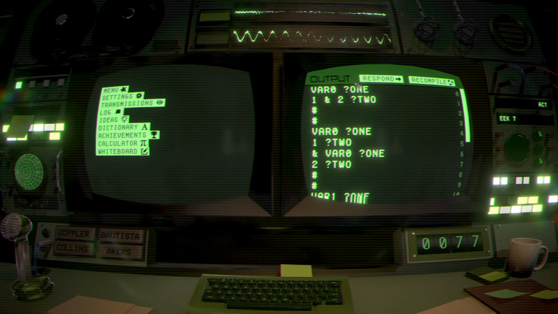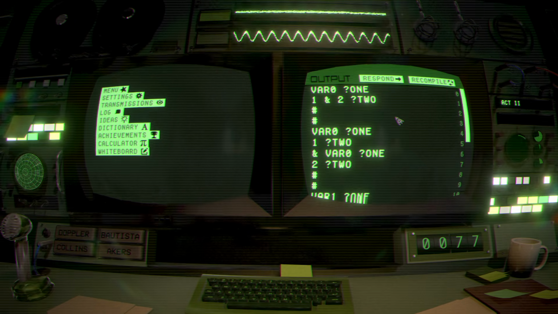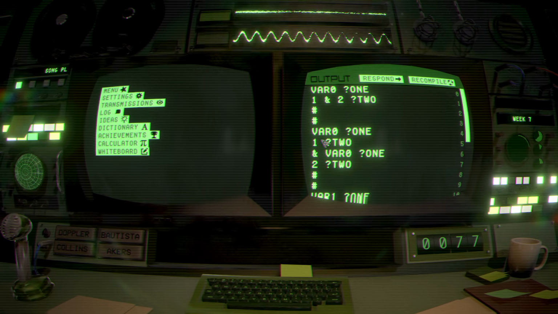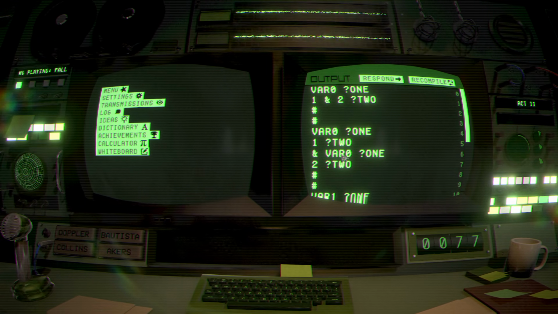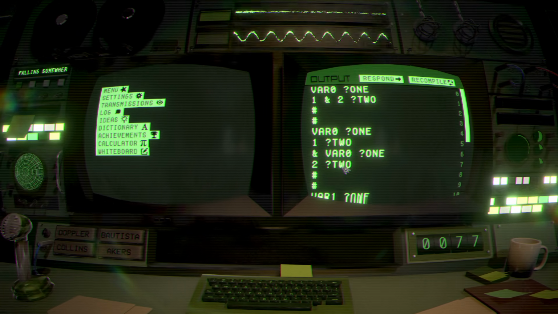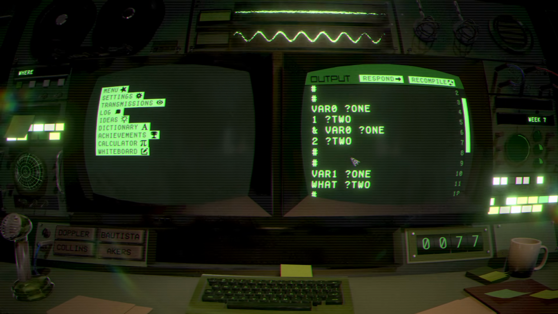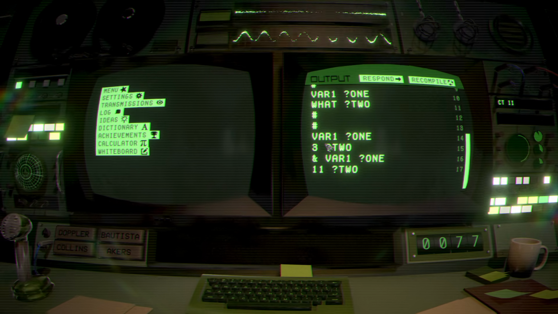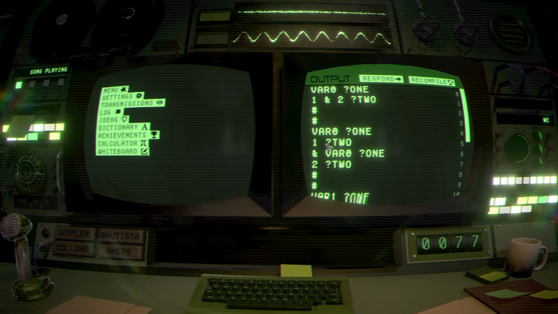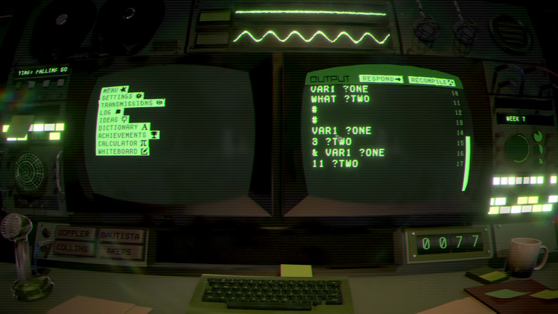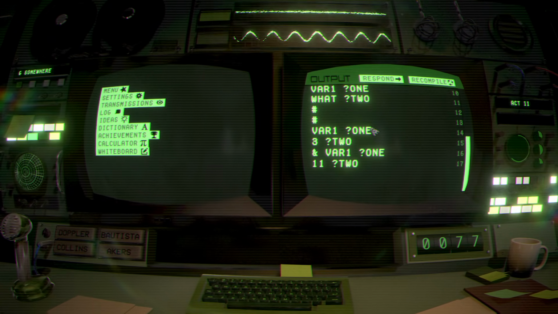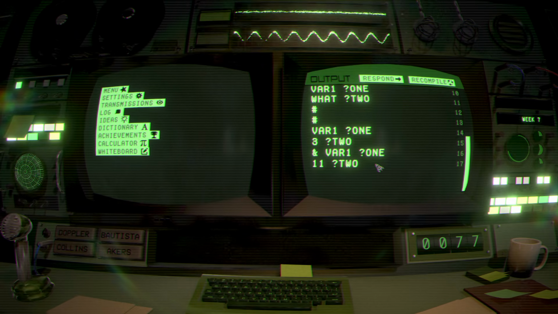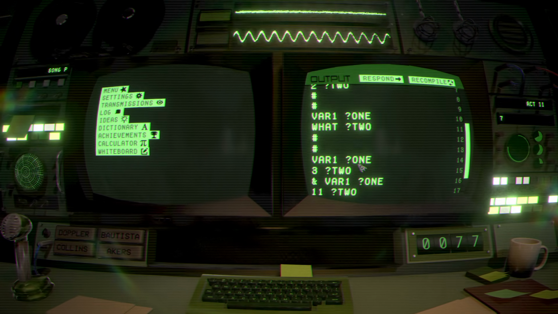Variable 0 something, 1 and 2 something else. Variable 0, huh? 1, variable 0, 2. Variable 1, what? Variable 1, something 3, and variable 1, 11?